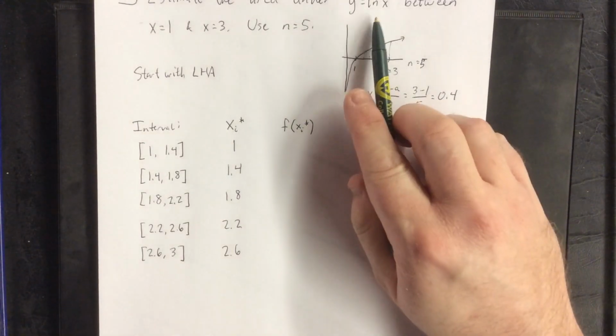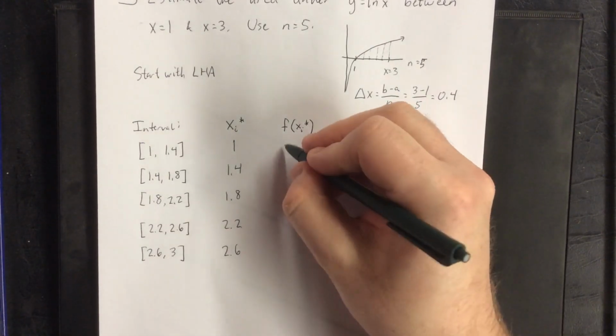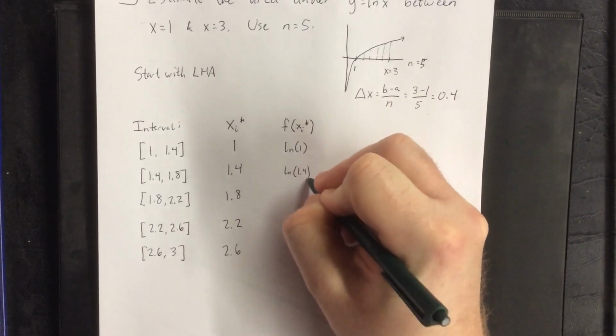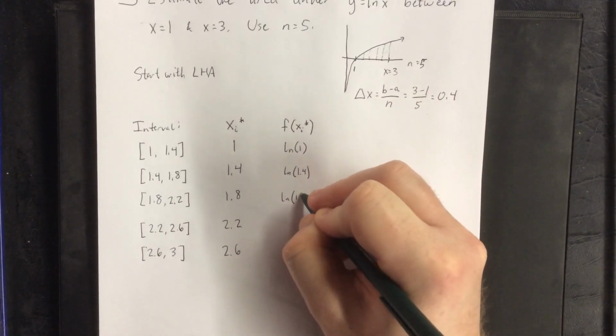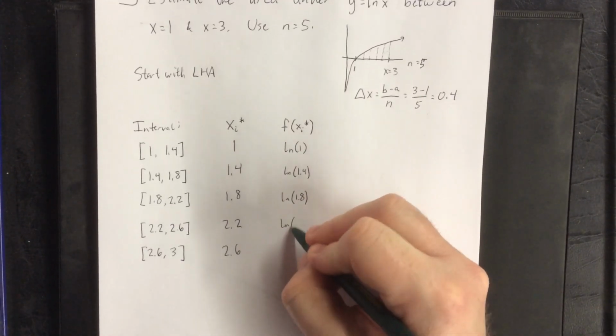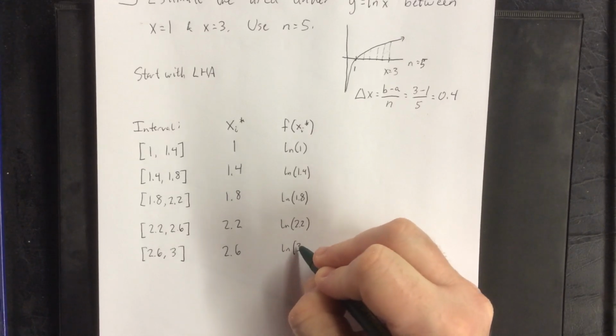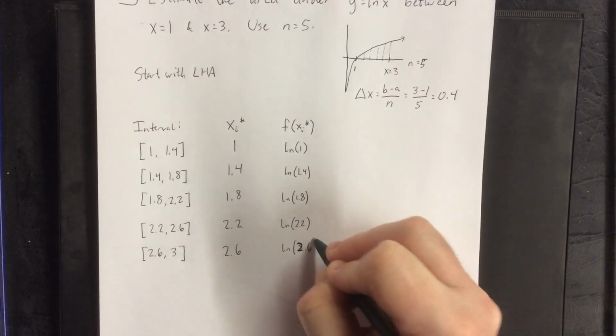Now the function in this case is the natural log of x, so we'll be taking the natural log of each of these values. Rather than simplifying at this step, what I'd like to do is leave it unsimplified with the knowledge that we're just going to toss all of this into the calculator after we're done.